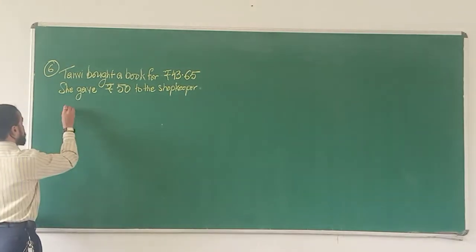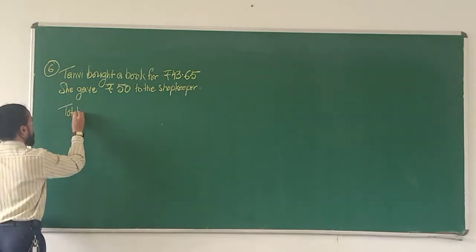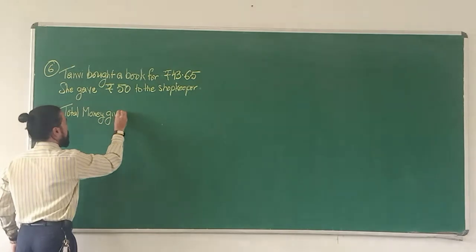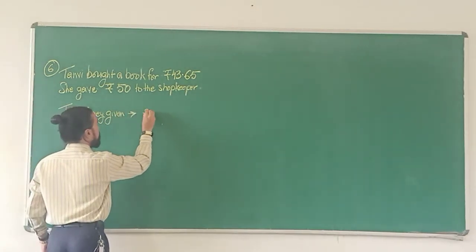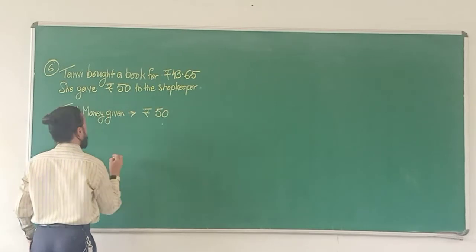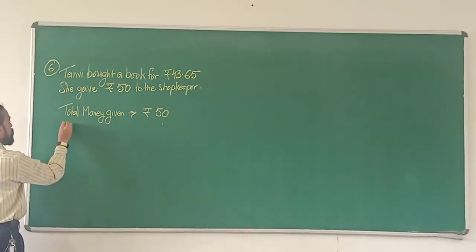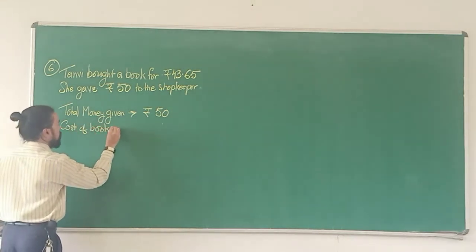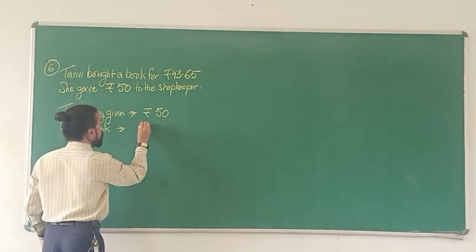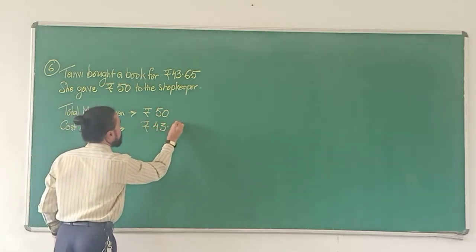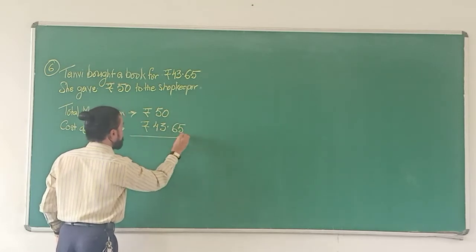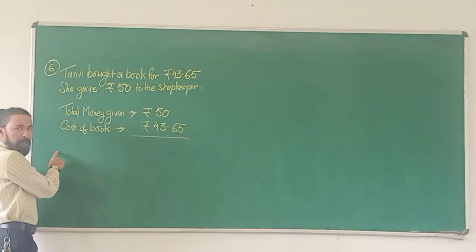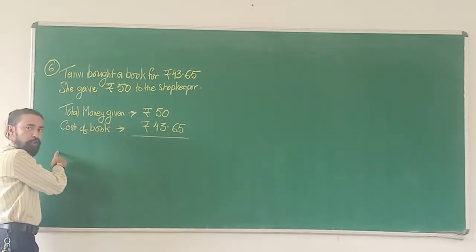Total money given will be rupees 50 and cost of book is rupees 43.65. Now from the 50 rupees that she has given, I take away the cost of the book, and I will come to know the amount of money that she needs to get back from the shopkeeper.